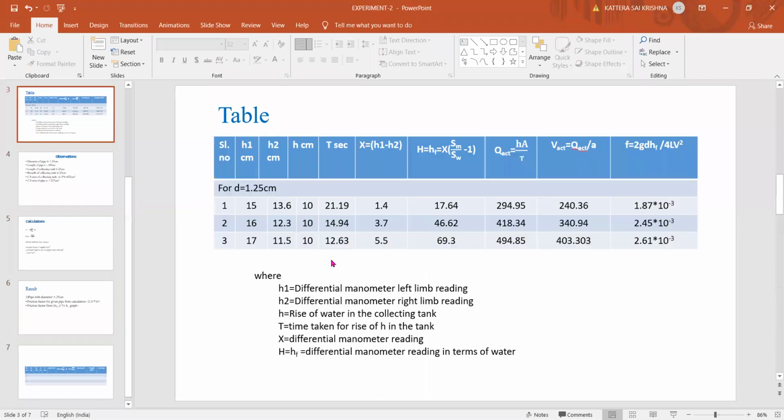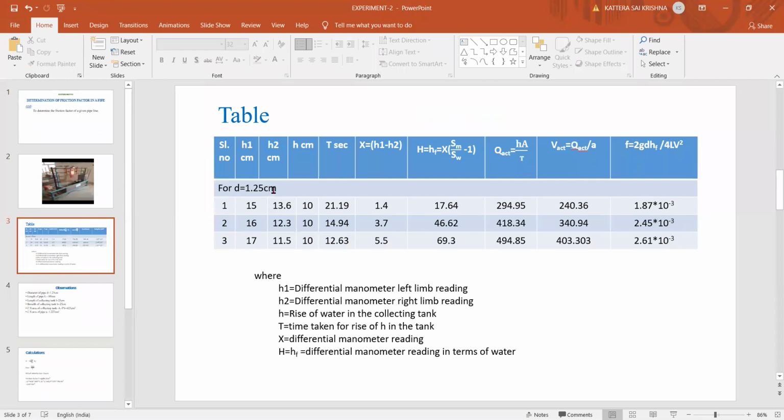Right. So first readings we have calculated for the diameter of this.